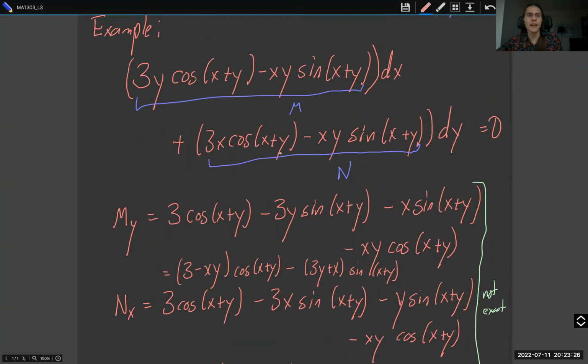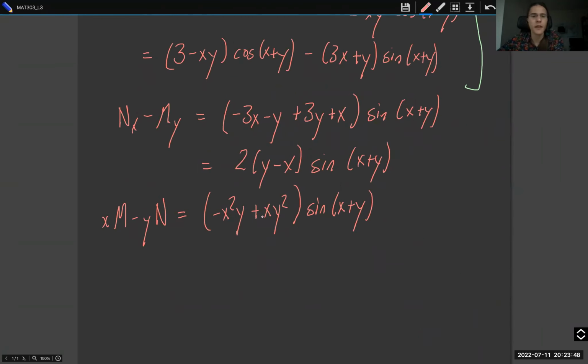So how did I get that? Well, I noticed that if I multiply this by x and I multiply this by y, then these two terms cancel. And these two terms are pretty similar. I mean, they're the same. So we just get this term x squared, and here we get y squared. And so it's minus x squared y plus, because I'm subtracting xyn, plus xy squared, which is exactly what I have here. But then I can factor out an xy out of this, which is good because I like having functions of x and y. That's what I want.